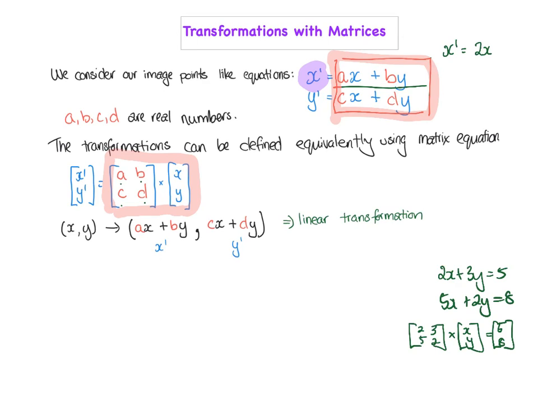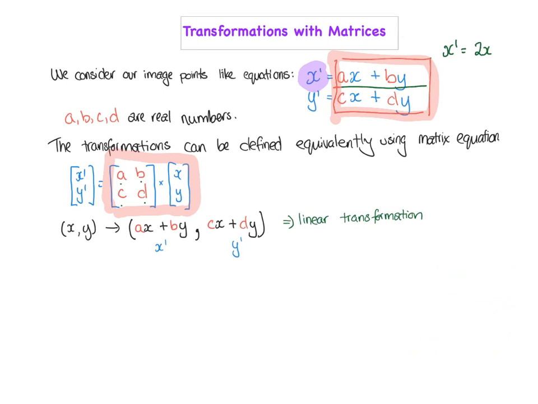Okay, so if you have a look, when we set that up, the numbers are put into this matrix, then we have x and y. If you're talking about transformation, this was the original point, and then we've got the new point, where something's happened to the x and something's happened to the y, some type of transformation.